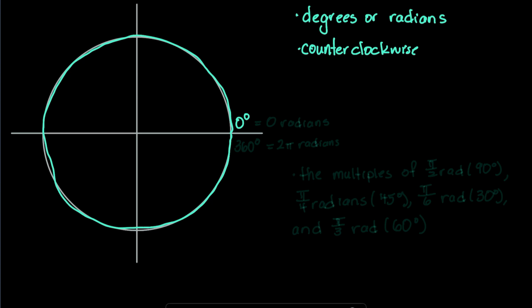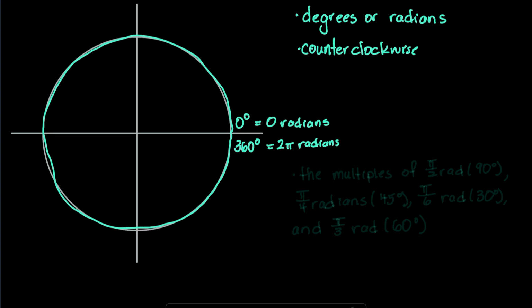And when we're at the end, that is 360 degrees or 2 pi radians. And 0 degrees is 0 radians. So one complete circle is 360 degrees or 2 pi radians.